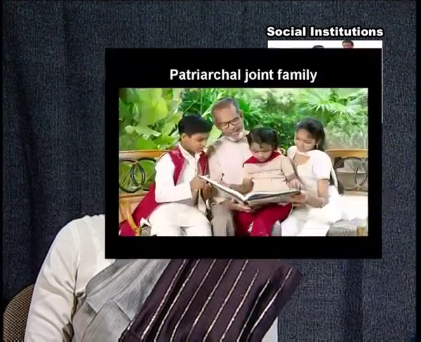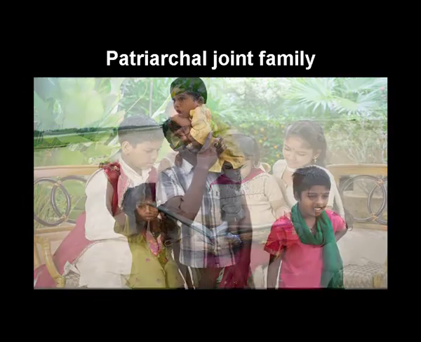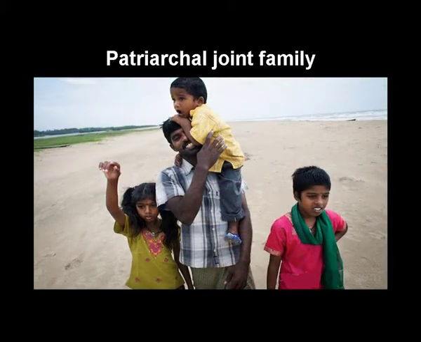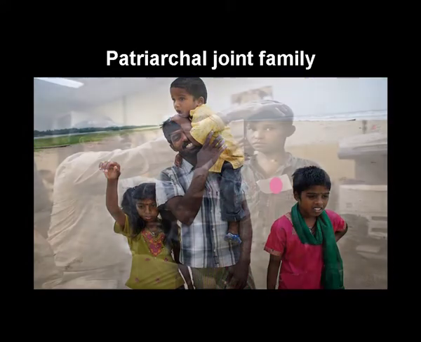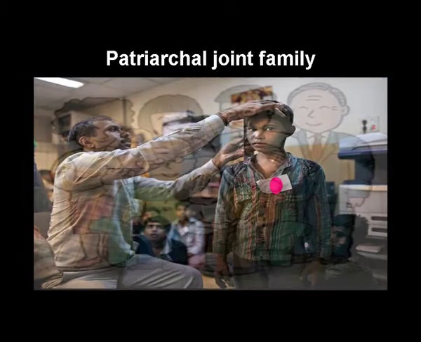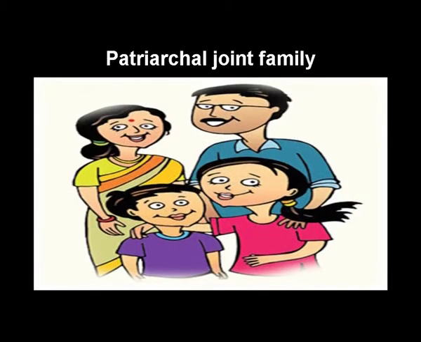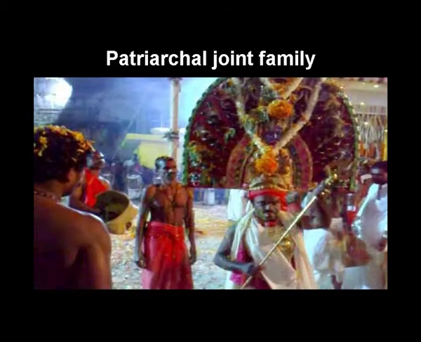On the basis of authority, family is classified into two types. The first one is patriarchal joint family. A patriarchal joint family is the one in which the father or the oldest male member is the head and exercises all the power and authority, and he takes all the decisions in the family.